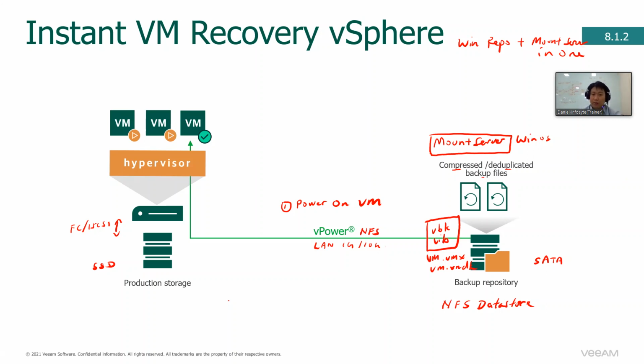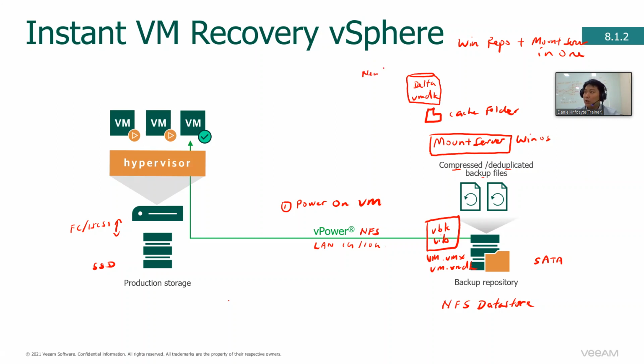Right? Because your data will be sitting in your repository and your mount server here will have your cache folder. So this cache folder is used to capture your Delta VMDK. Now you will see that even your Delta VMDK is sitting in the Veeam infrastructure.